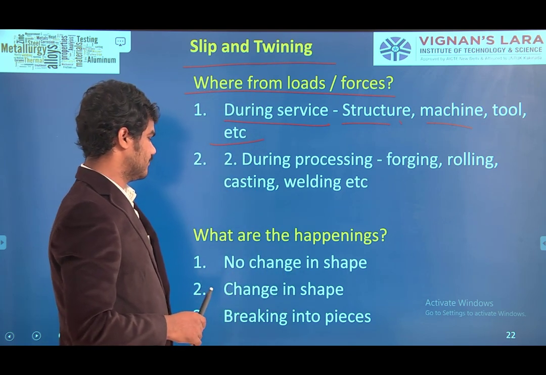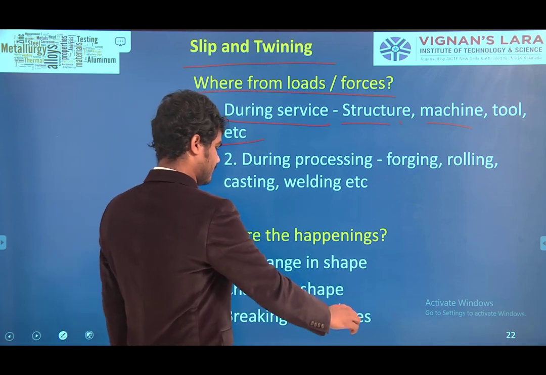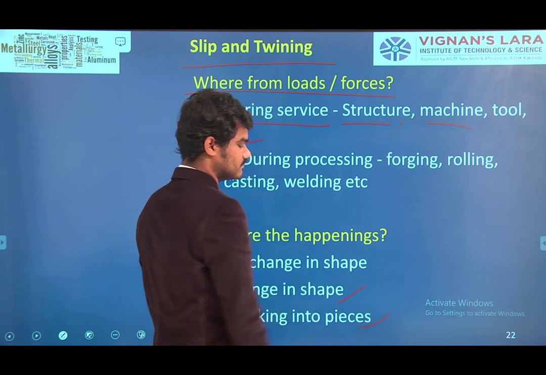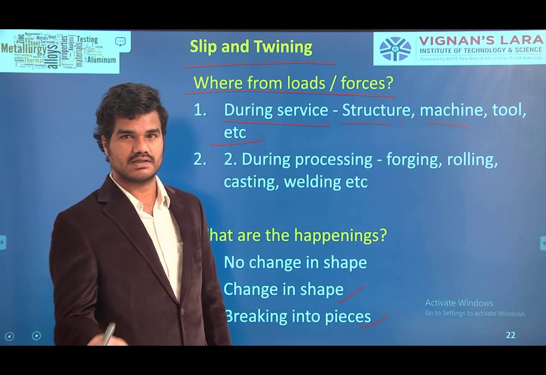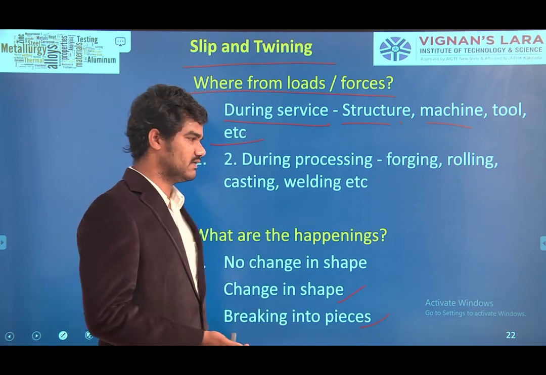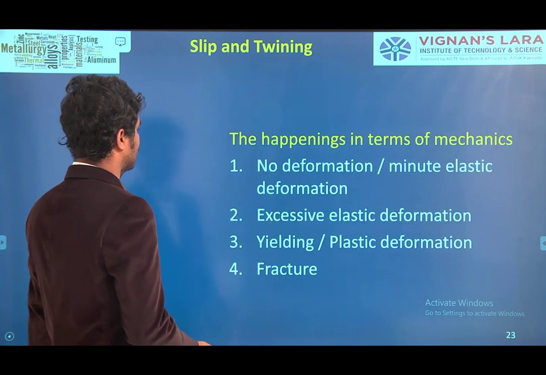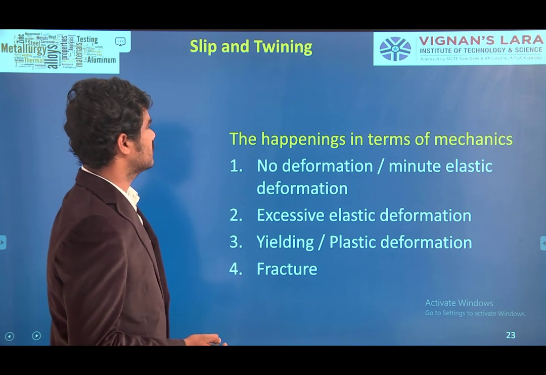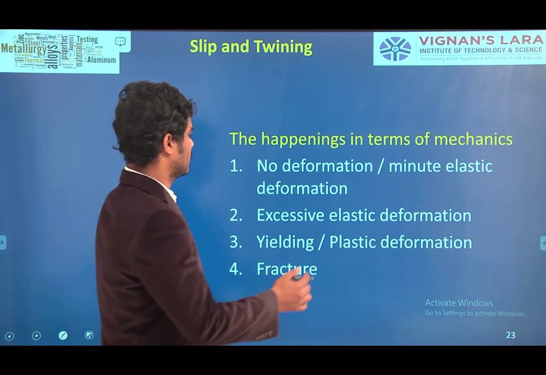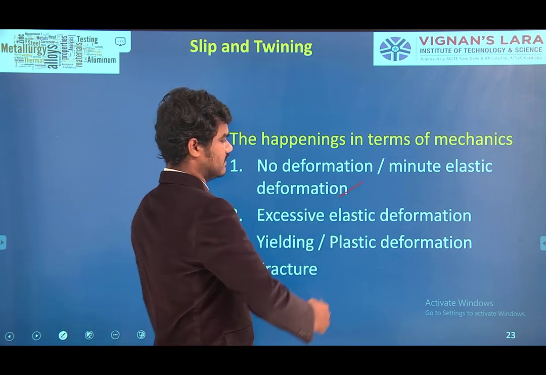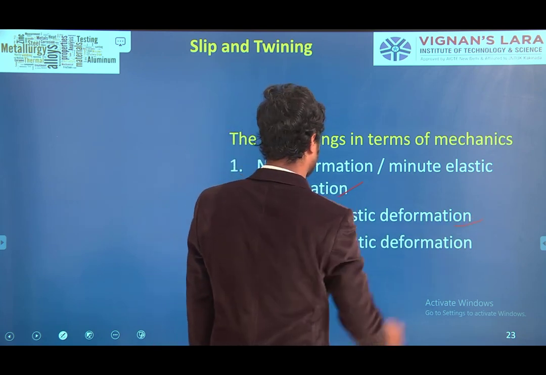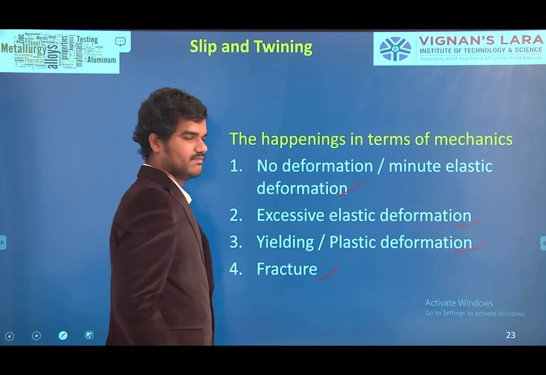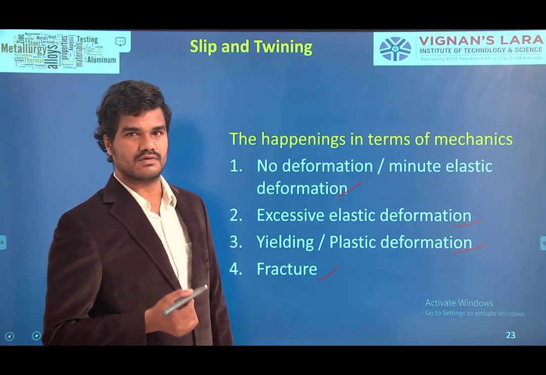What is happening is a change in shape, and material may even break into pieces. In terms of mechanics, elastic deformation is happening, plastic deformation is happening, and fracture is happening due to application of loads.